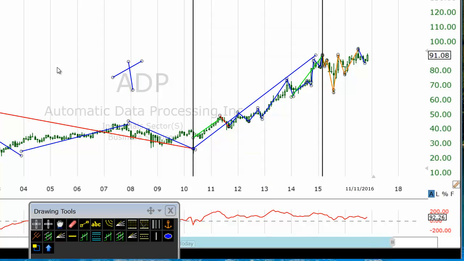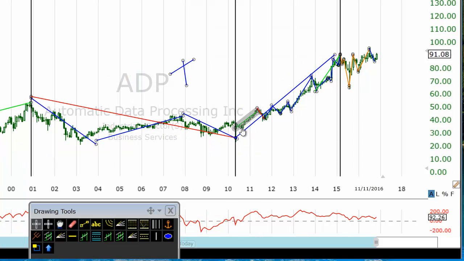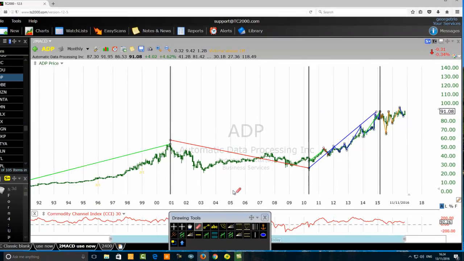So what is happening now is that this move from here all the way up here is the third area wave of a higher degree when we are looking at the yearly chart wave count. So first wave, second wave, which has been subdivided into 3 waves. And this is the third area wave, and now we are in the fourth area wave.